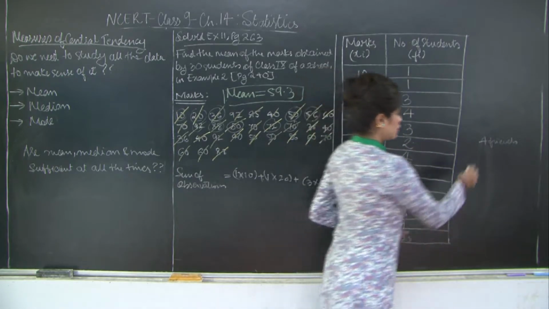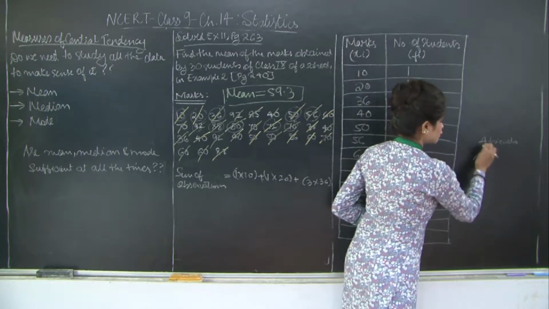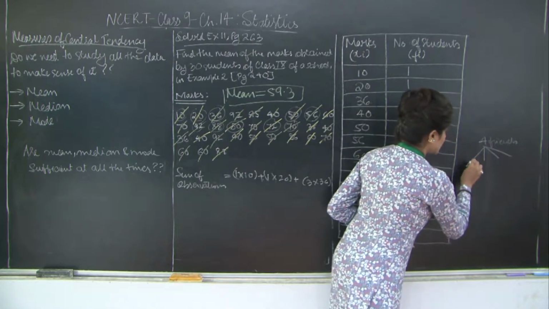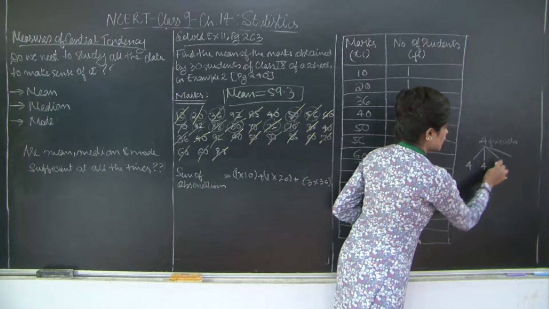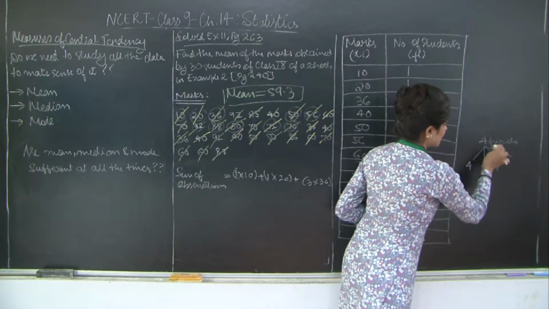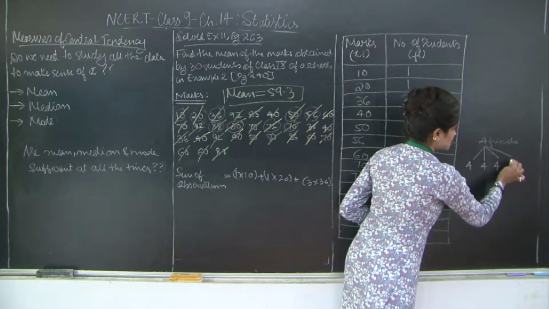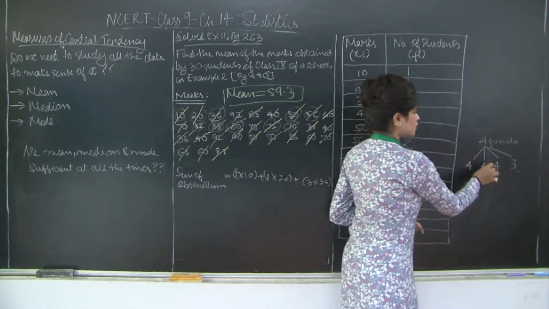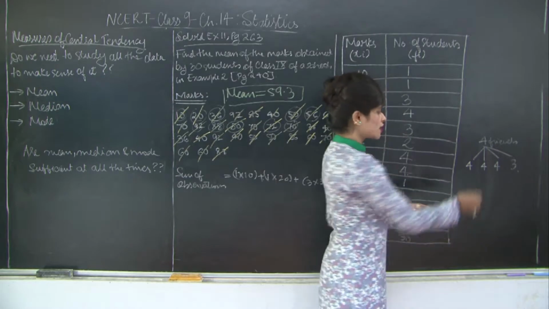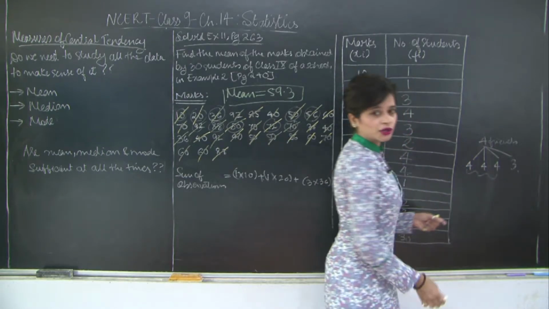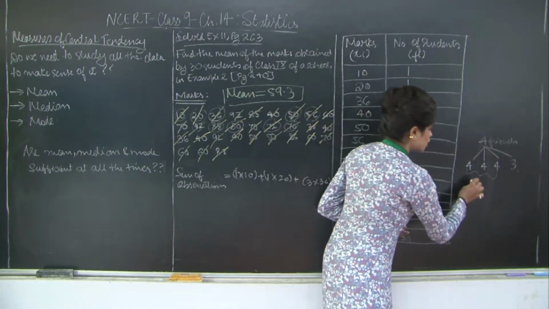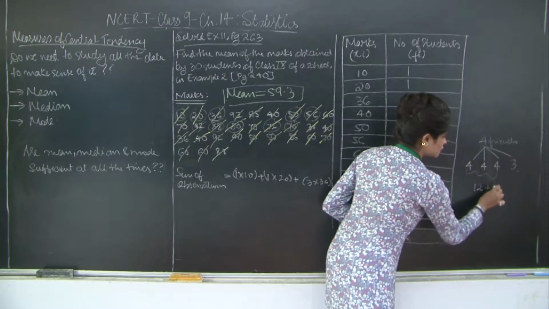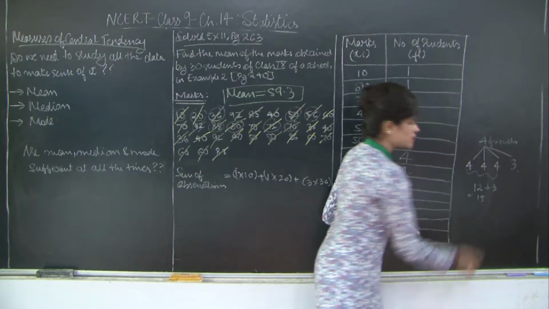One friend has 4 chocolates, another friend has 4 chocolates, the other friend has 4 chocolates and one person has 3 chocolates. So how are you going to do the total? Are you going to say 4 plus 4 plus 4 plus 3? Won't you say 4 times 3 because 4 has repeated thrice? So 4 times 3 is 12 plus 3, which is 15. You see how it's reduced?